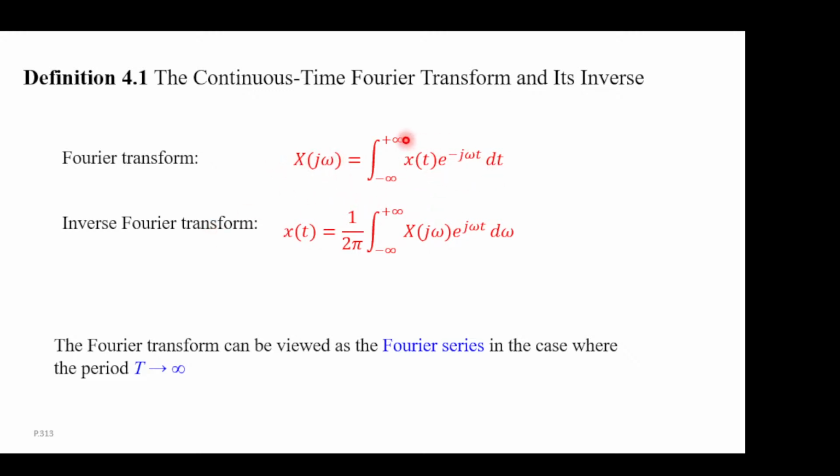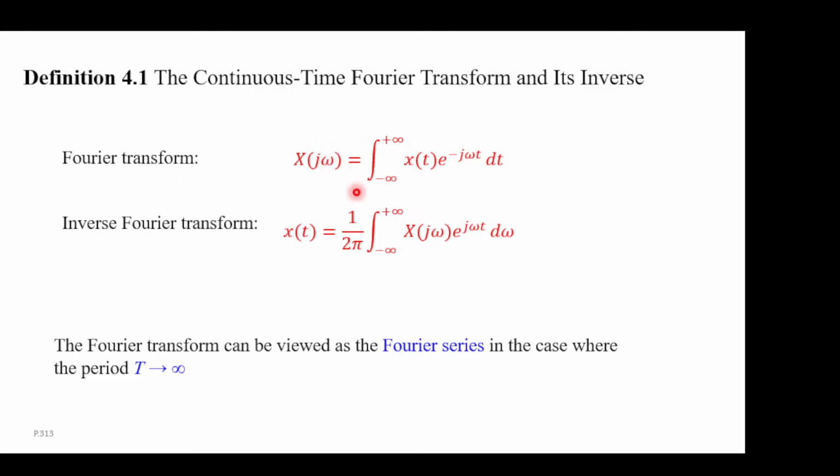Big X of j omega equals this integral, but you also see now there is more symmetry. Before, when we talked about continuous time Fourier series, x is a periodic function and the coefficients are discrete values, right? In the last chapter we had a_k here, with k taking discrete values. But here omega is not a discrete value anymore.